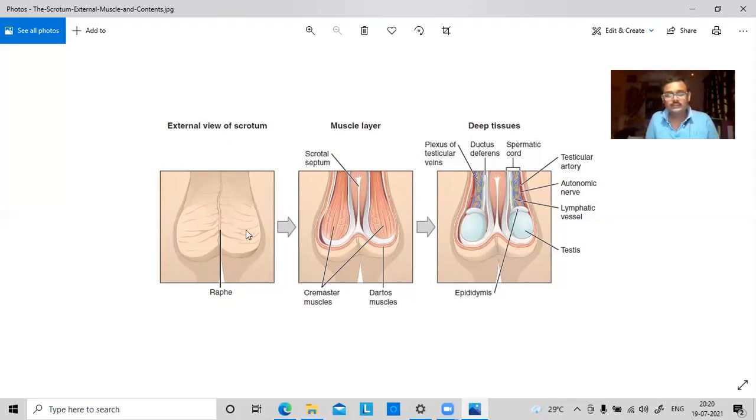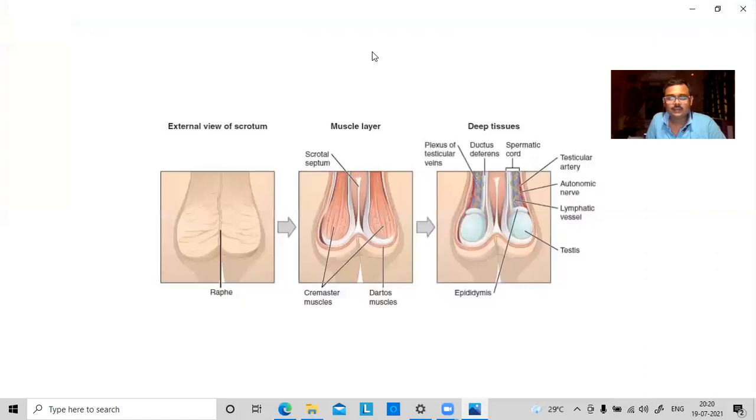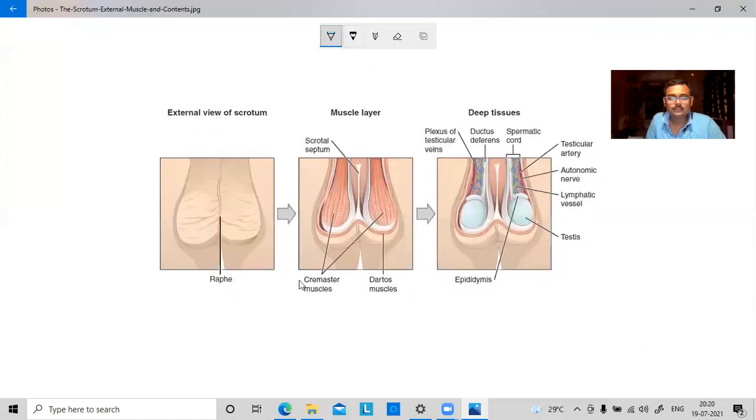Now, it is formed by the fusion of the two genital swellings, and the fusion line is marked by the median raphe. Now this median raphe extends ventrally on the ventral surface of the penis, as I have already said. Also, it extends in the perineum of the man.